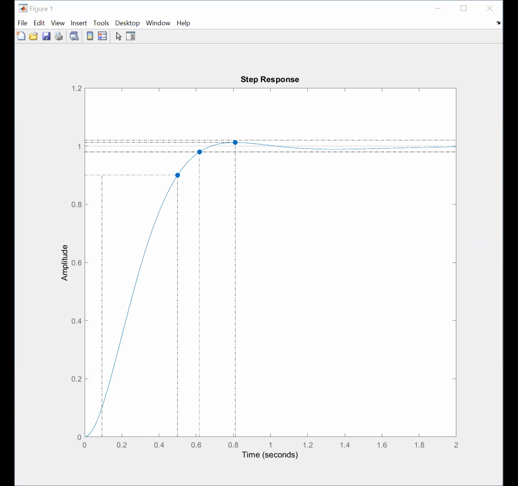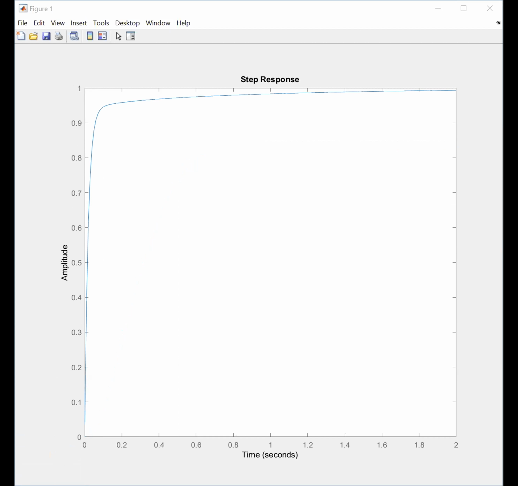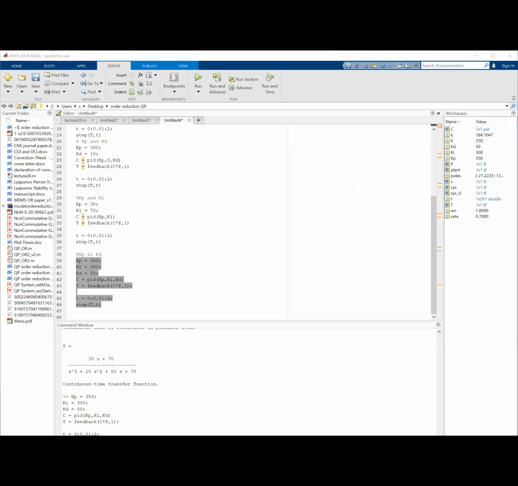The last part is KP, KI, KD. So this is what you should be seeing.